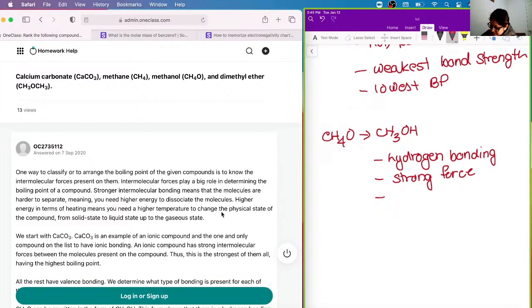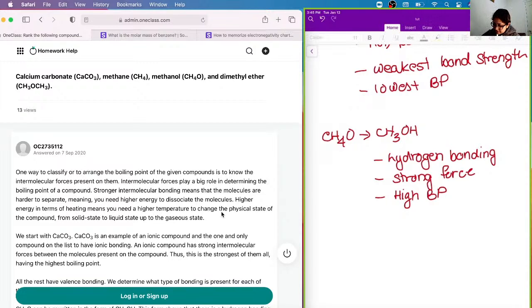So in this case, it would have a high boiling point. But we don't know yet for sure if it would have the highest, since we have to judge the last one, which is dimethyl ether.